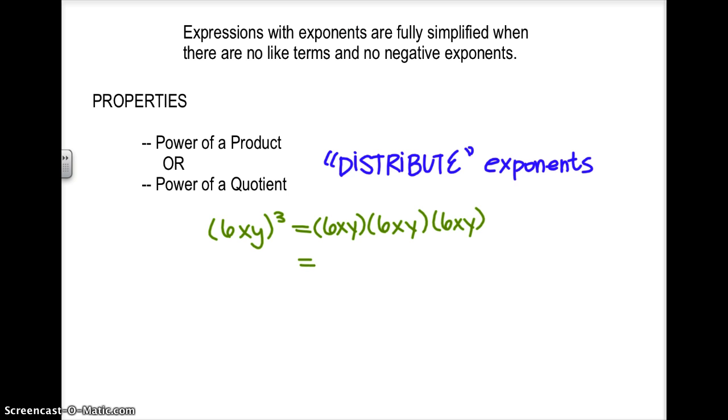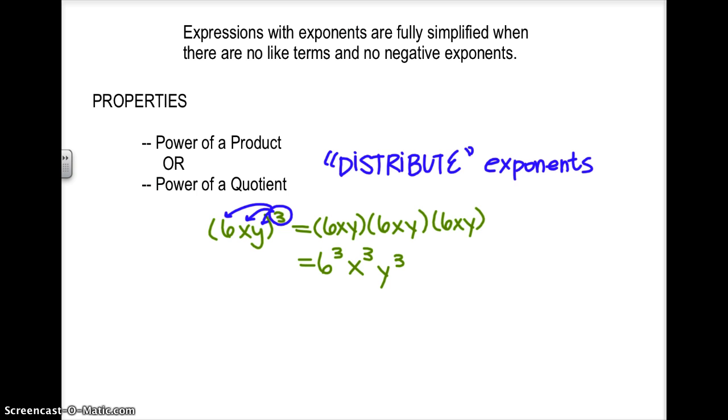That means that the 6 is multiplied 3 times, the x is multiplied 3 times, and the y is multiplied 3 times. This 3, this exponent, has been distributed to each one of the factors. Each part of the base is now raised to the 3rd power.